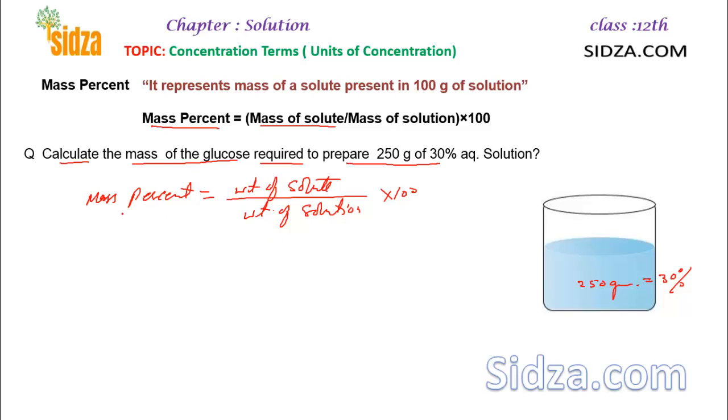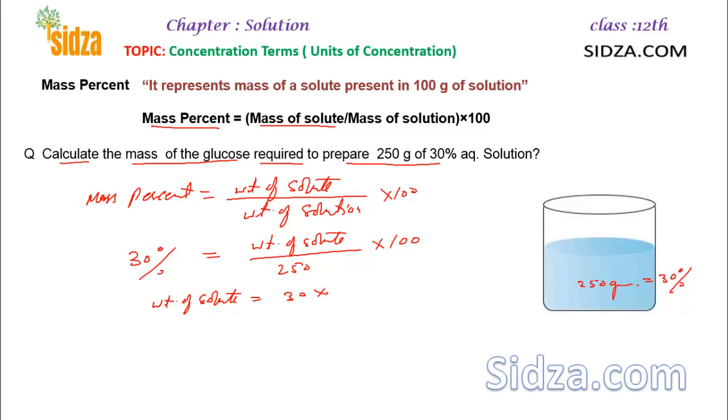If you look here, we have to prepare a 30% solution, so 30 will be equal to weight of solute, that's what we need to find, divided by the weight of solution, which is 250 grams, the total weight, times 100. So the weight of solute here will be 30 times 250 by 100.